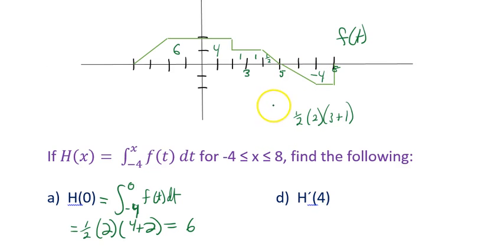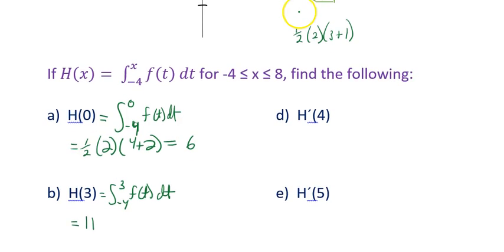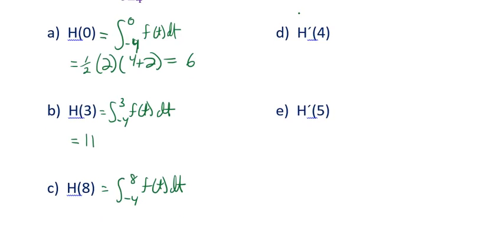So if I want the area all the way to 8, then I'm going to have 10, 11, 12 and a half minus 4. So that would be 12 minus 4 will be 8, but I have that extra half, so 8 and a half. So I can write that as 8 and a half, or I can write that as 17 halves.